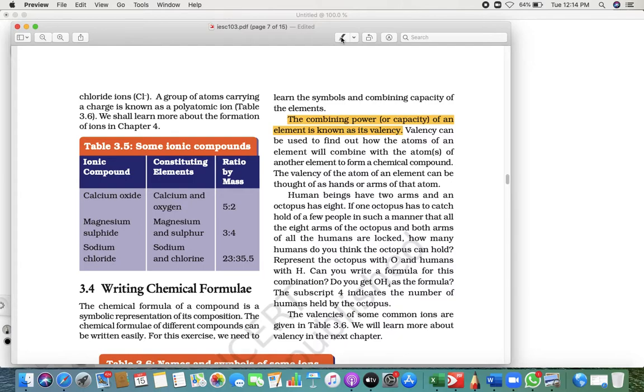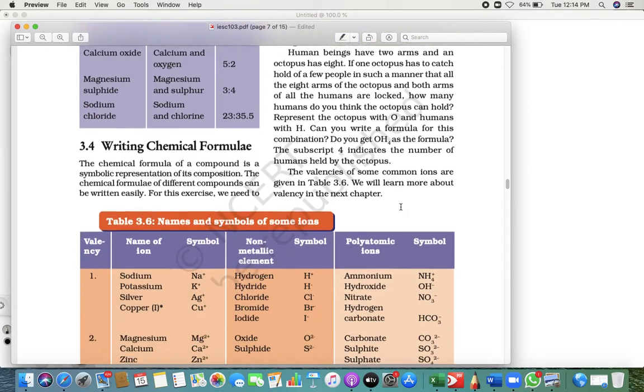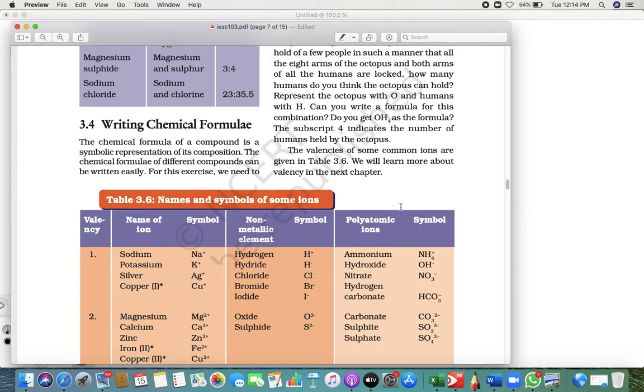So here what we are trying to prove is, the chemical formula, as I said, depends upon the combining capacity of an element. So first of all we learned what valency is. Valency can be found out of an atom of an element which combines with the atoms of another element to form a compound, right? Now if you see, hydrogen is +1 and oxygen is -2.